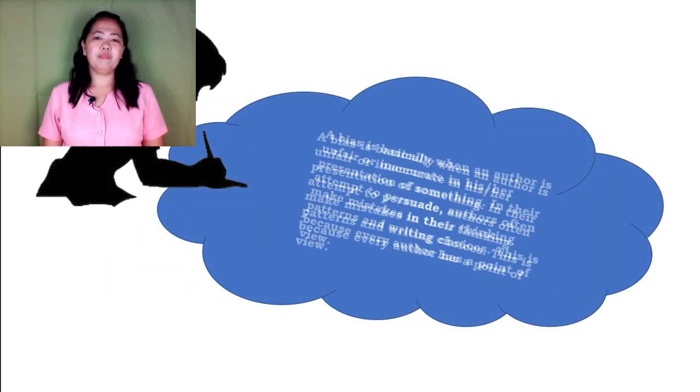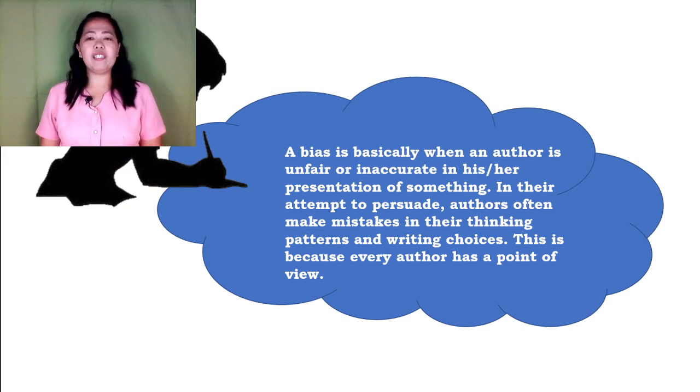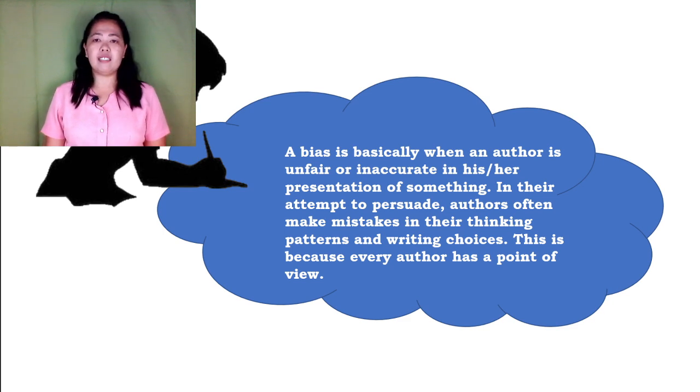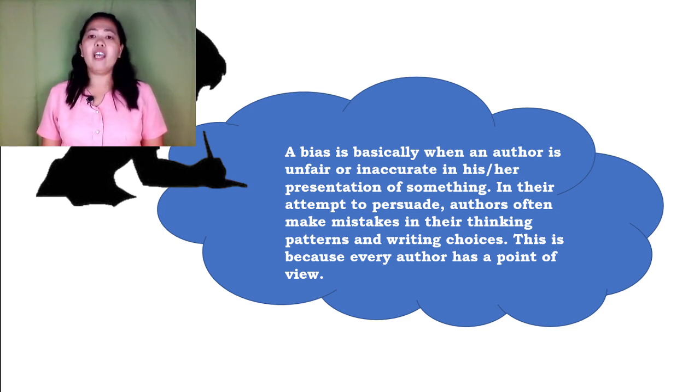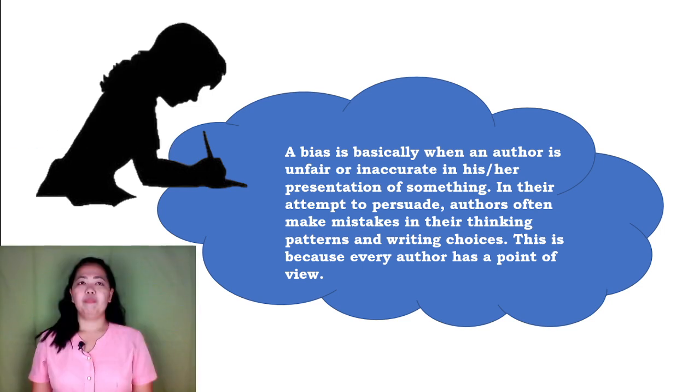By the way, what is an author's bias? A bias is basically when an author is unfair or inaccurate in his or her presentation of something. In their attempt to persuade, authors often make mistakes in their thinking patterns and writing choices. This is because every author has a point of view.